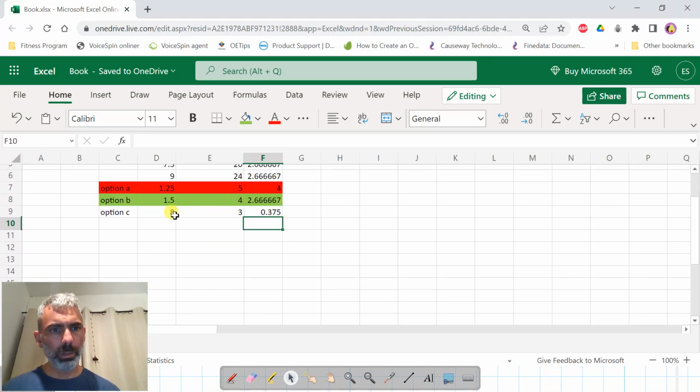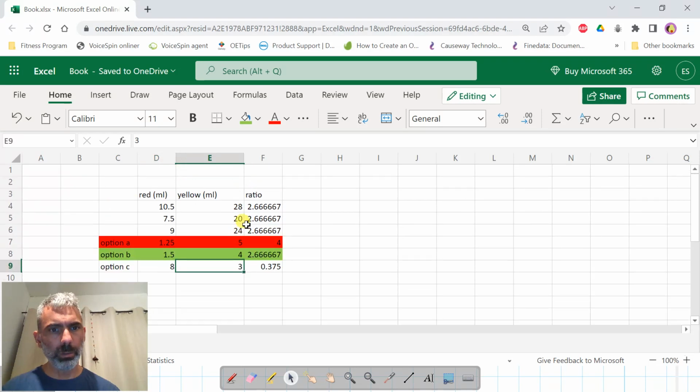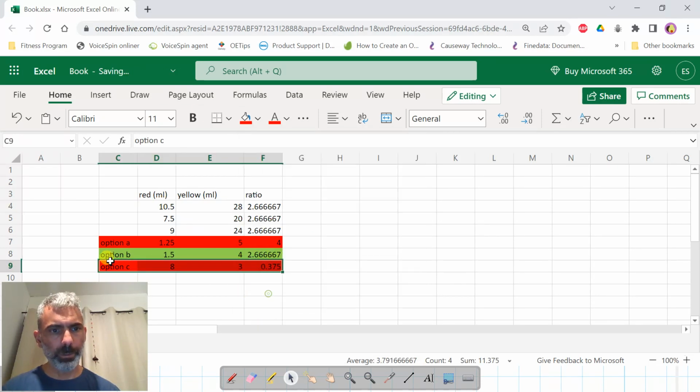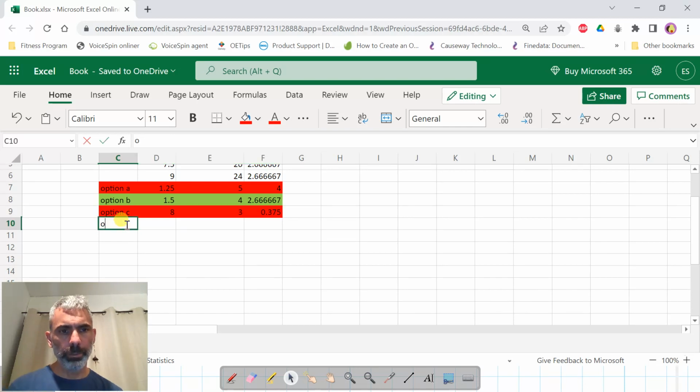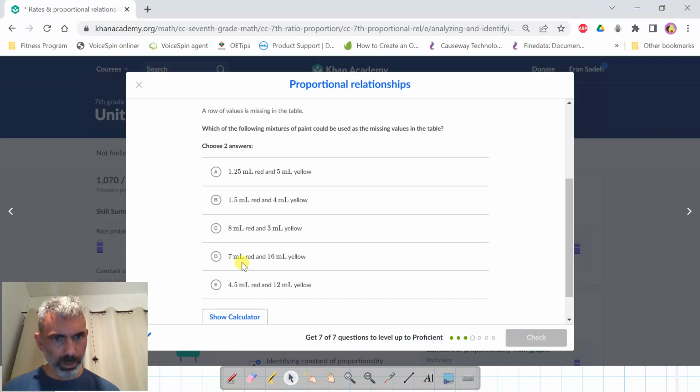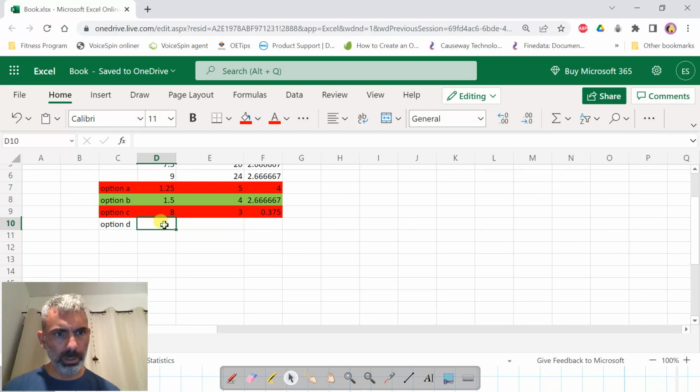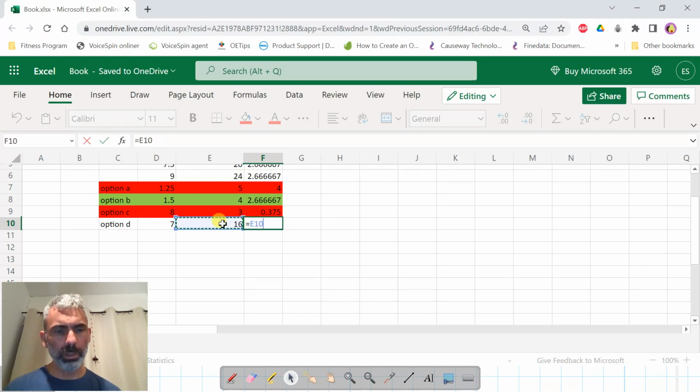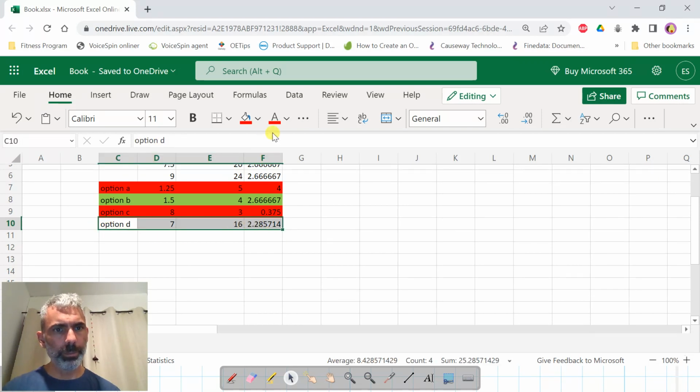Here there is more red than yellow, and here there is more yellow than red, so obviously option C is incorrect. Option D has 7 milliliters of red and 16 milliliters of yellow. Here the ratio is 16 divided by 7, which is 2.28, so it's not the same.